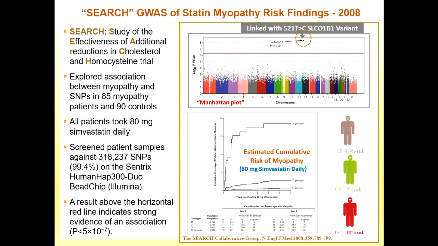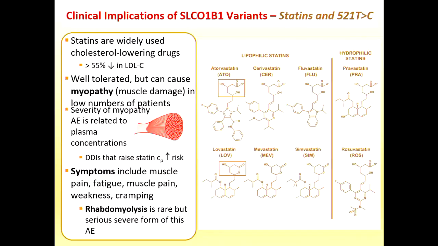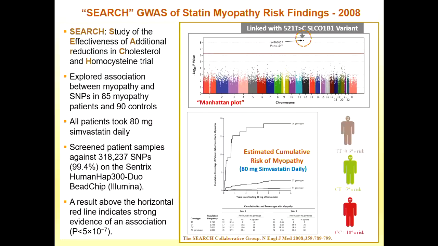Okay, so the symptoms include muscle pain, fatigue, weakness and cramping. Thankfully, that severe myopathy syndrome, rhabdomyolysis, is rare but potentially life-threatening. So ideally, we'd like to be able to identify people who are at risk of these severe forms of myopathy during treatment with statins.